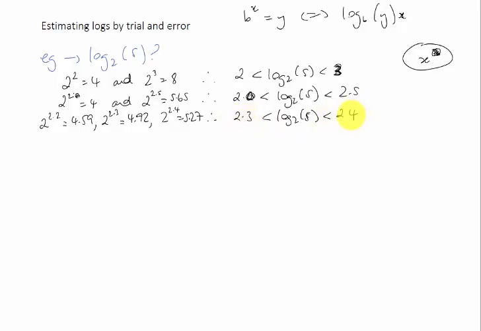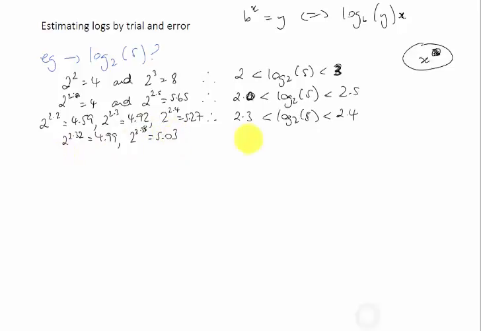So now I'm just going to do the same thing again for one more decimal place. I looked up a few and I found that 2 to the power 2.32 equals 4.99, and 2 to the power 2.33 equals 5.03.